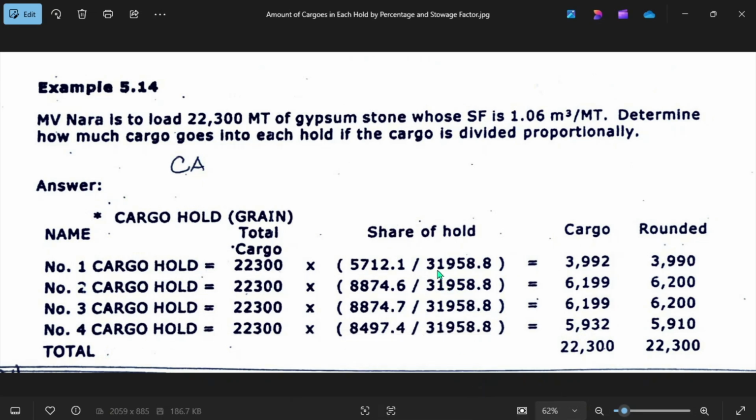So with this hold capacity, you divide this by the total hold capacity, and then you will get the percentage. Okay.